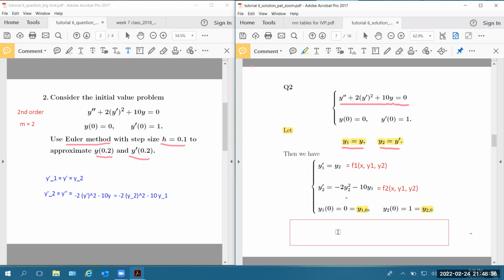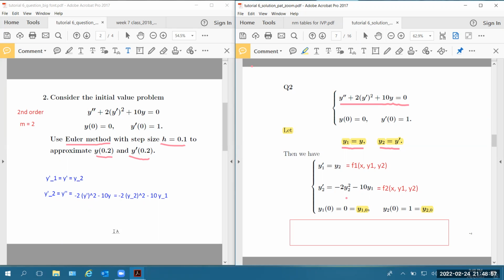But how do you find the y1 prime again? You mean the first one? Yeah, the first one. How do you find that? I differentiate this. You will look at this side here. y1 prime equals y prime, right? Yes. y prime is just y2.